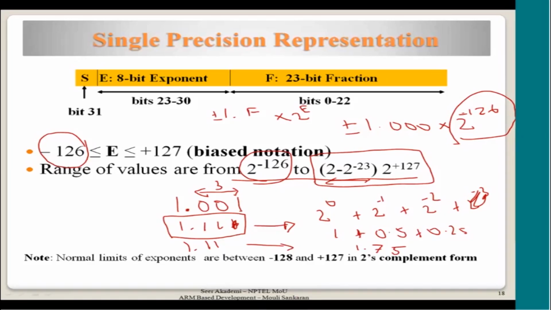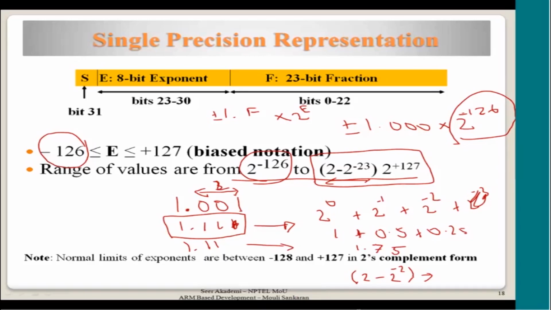Can I represent this number in another notation? Suppose I say 2 minus 2 power minus 2, because I am given 2 bits instead of 3 bits. So for simplicity I removed it.